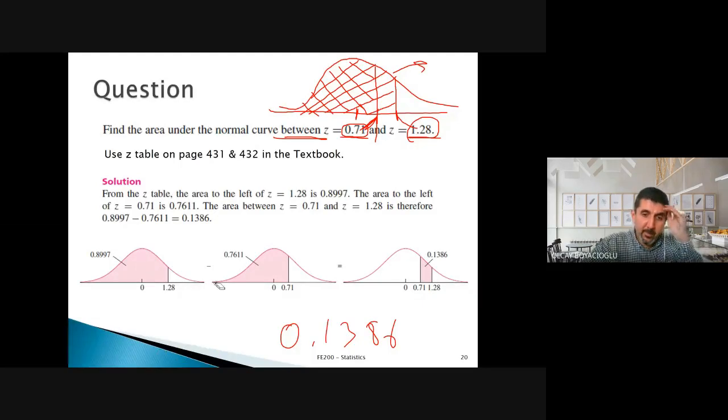Look at it, they did the same thing: 0.8997 and 0.7611, and they subtract them. 0.1386, exactly the same value that they calculated, because we know how to do that.